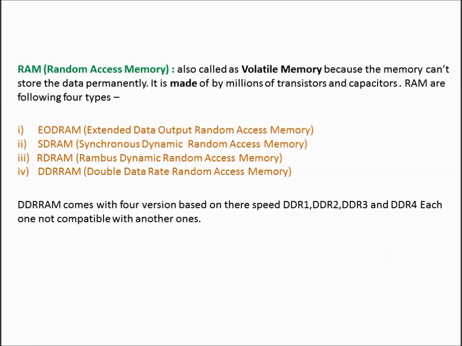Number 3, RD-RAM, Rambus dynamic random access memory. Number 4, DDR-RAM, double data rate random access memory. DDR-RAM comes in four versions based on speed: DDR1, DDR2, DDR3 and DDR4, each one not compatible with the others.